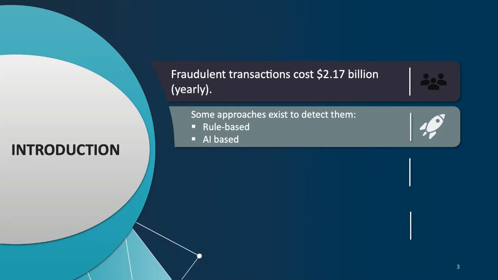The old approaches use rule-based ones that mainly focus on the business part of the industry or the bank, and write some rule-based algorithms. Then in the conclusion part, there's a decision whether a transaction is fraud or not.